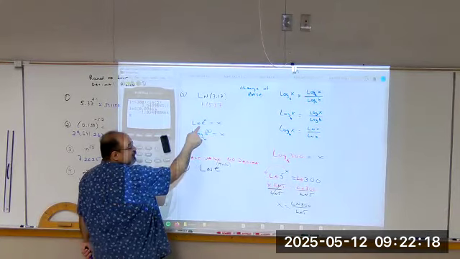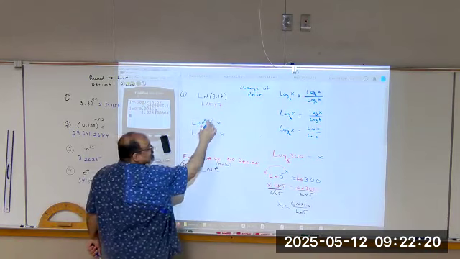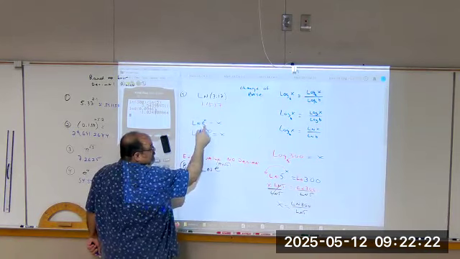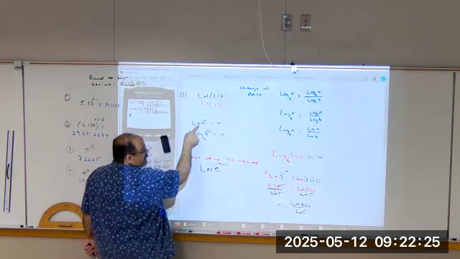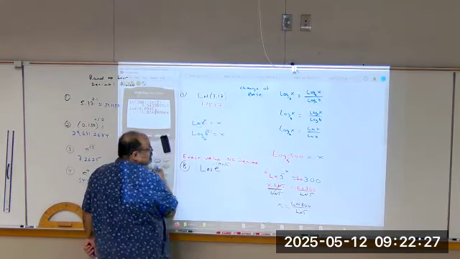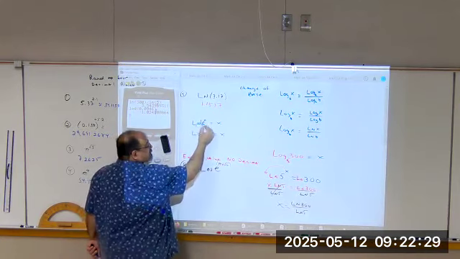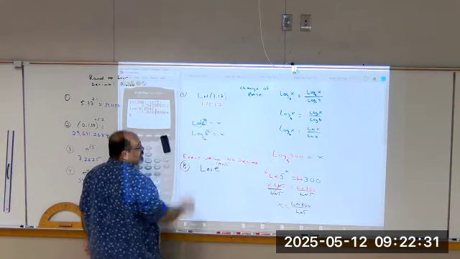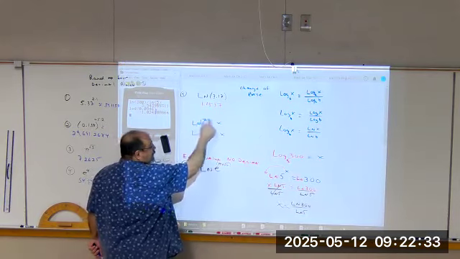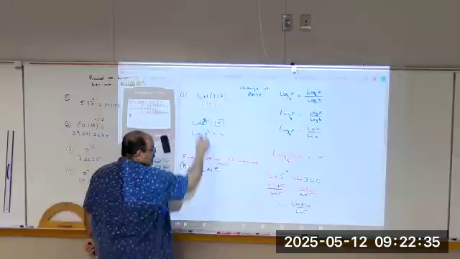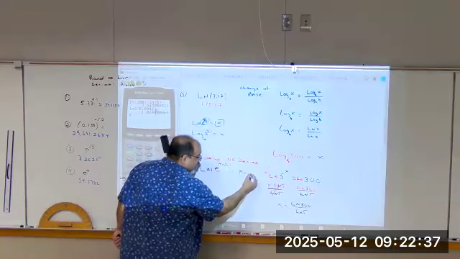The base of the natural logarithm is an e. Inside is an exponential function, base e. Since the bases are the same, they undo each other and you just get that power. So this is just I plus square root 2.